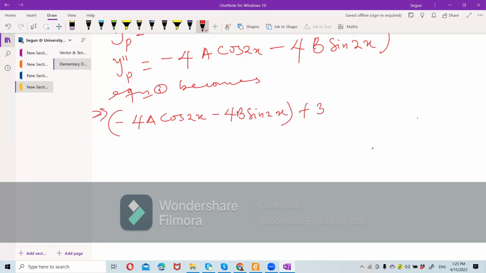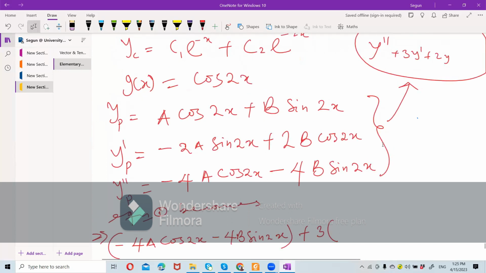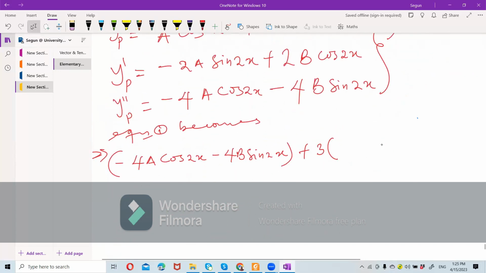Plus 3 in brackets times y prime, which is minus 2a sine 2x plus 2b cos 2x.